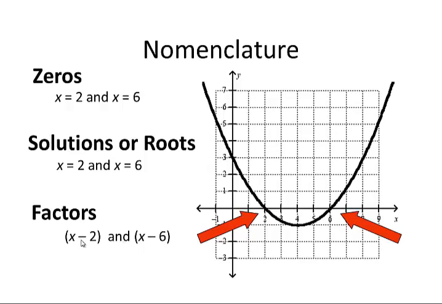Factors, x minus 2 and x minus 6, are also referring to these 2 points on the graph. And x-intercepts. The x-intercepts would be (2, 0) and (6, 0). So these 4 ways of naming these 2 points make it kind of confusing. I just want you to know that they all are talking about the same thing. Okay?